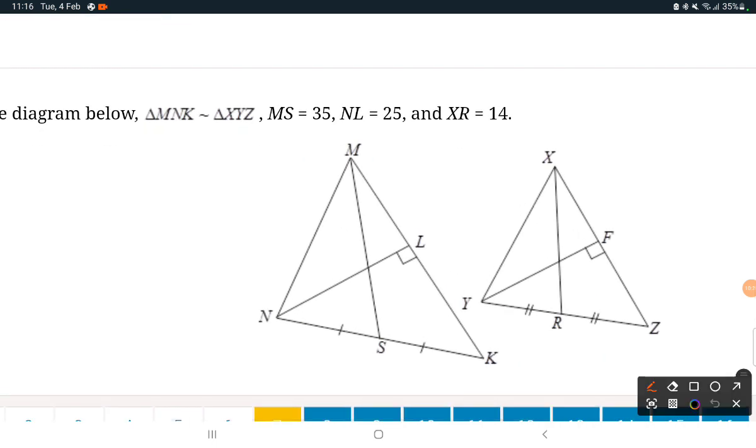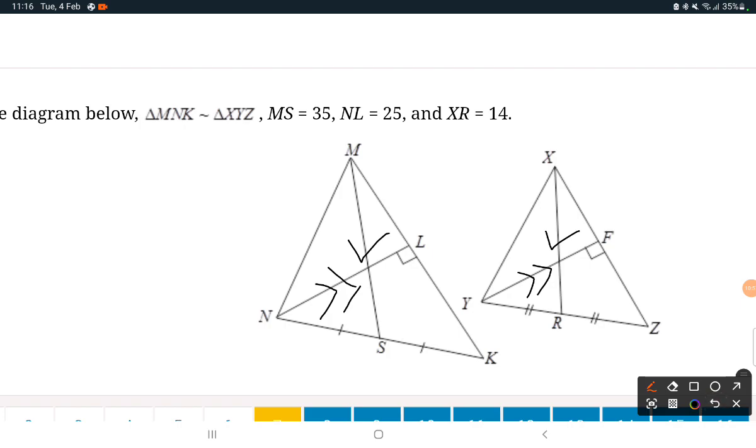When you have similar triangles, you basically do the proportionality theorem, which is MS over XR, we have NL over YF, and then so on. Like, we could also do NK over YZ, even though this is useless for this question. This is just the proportionality theorem. Forget it for this question though.